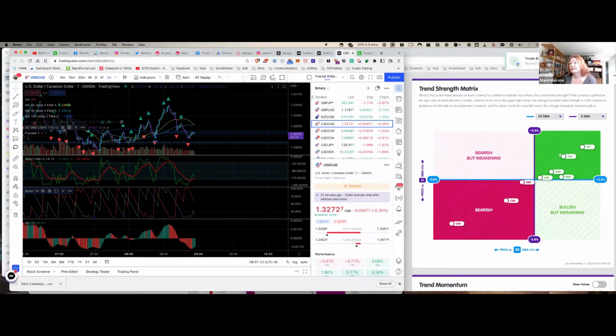Okay, so these two, you notice how they go away there? These two are institutional buying levels, all right, and selling levels. So this one's blue, if you can kind of notice the color spectrum there. That is an institutional buy level.